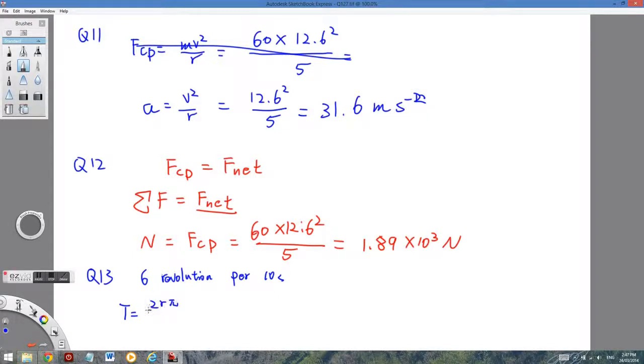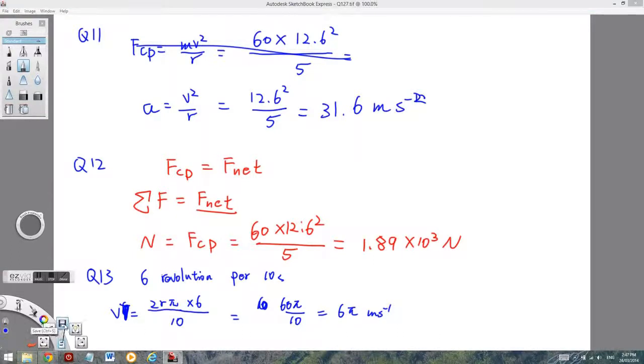That's the distance of 6 revolutions in 10 seconds. So this is basically your velocity. We can find the velocity: 60 pi divided by 10, which is 6 pi meters per second.